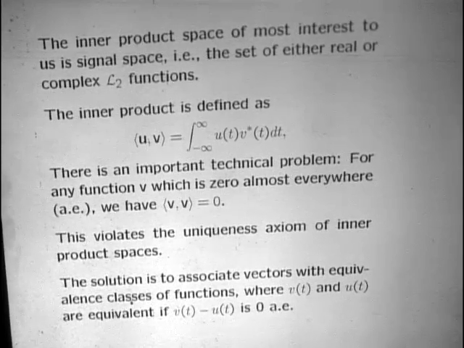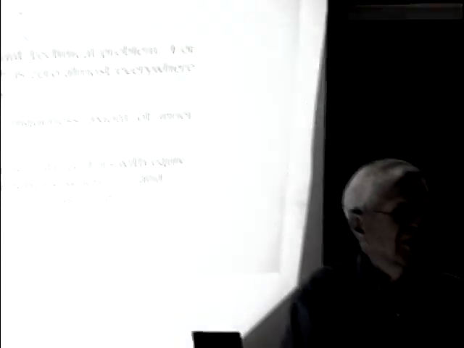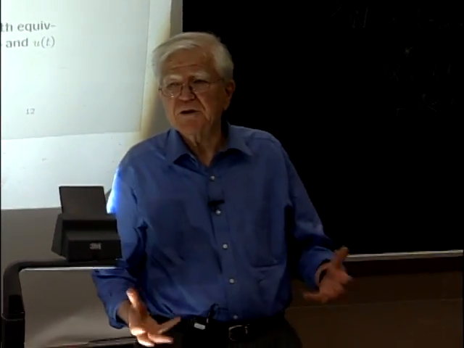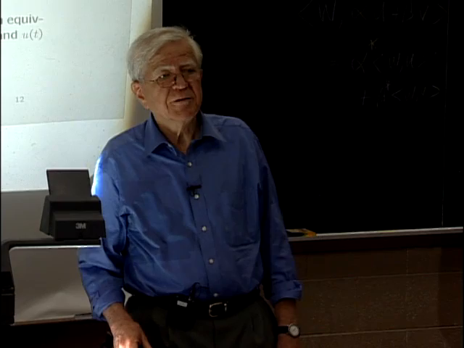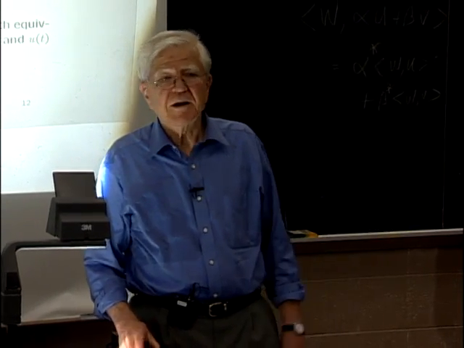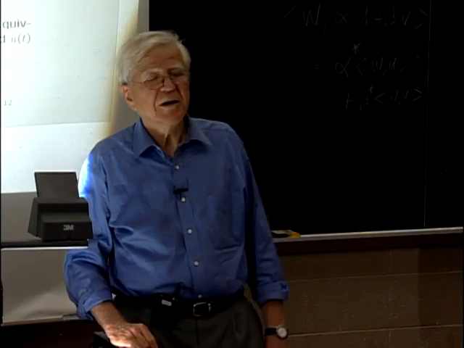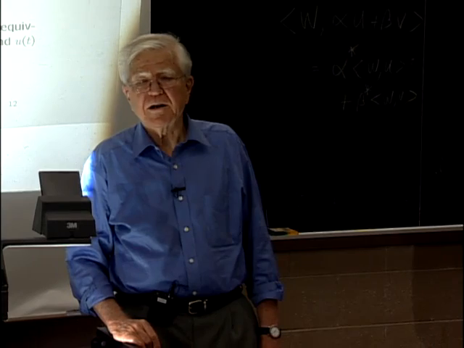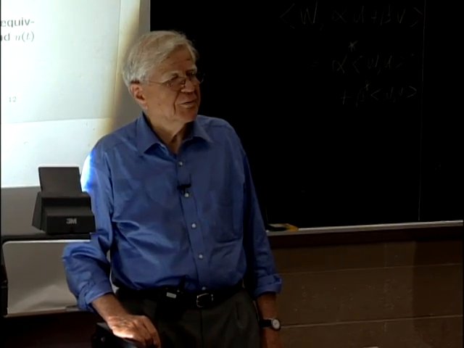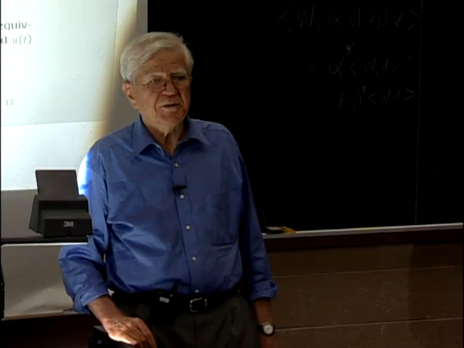Now, we have all these crazy vectors we've been talking about, which are 0 except on a set of measure 0. In other words, functions which have 0 energy, but just pop up at various isolated points and have values there, which we really can't get rid of if we view a function as something which is defined at every value of t.